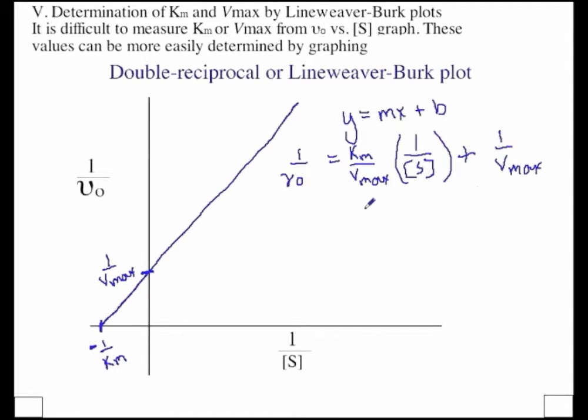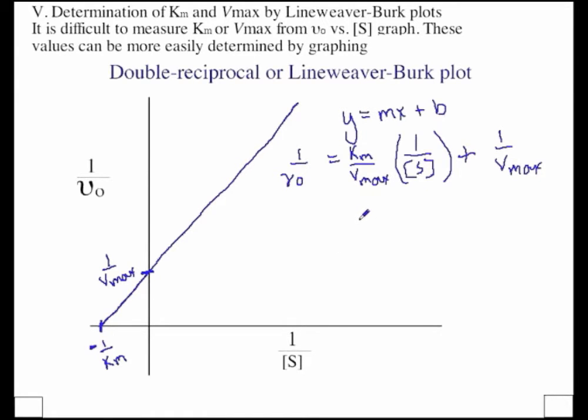Awesome. So this is the equation of the line described by this function, and in fact it shows you right off the bat that if we know the equation of the line, we can calculate both Km and Vmax.